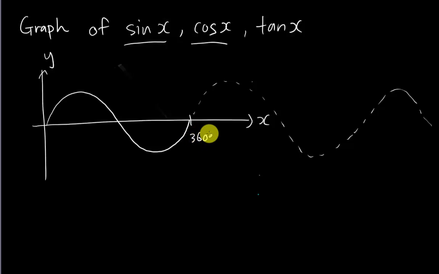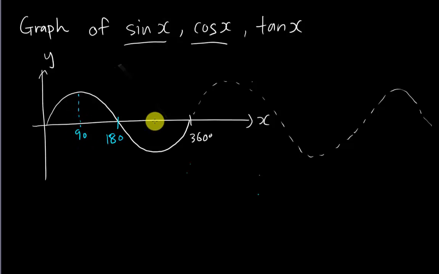Okay, if the graph stops at 360, something I want you to pay attention to is that you can always easily divide the graph into 4 different parts. What do I mean by 4 different parts? This is 360, right? I divide by half, it will be 180. And then I divide half again, it will be 90.